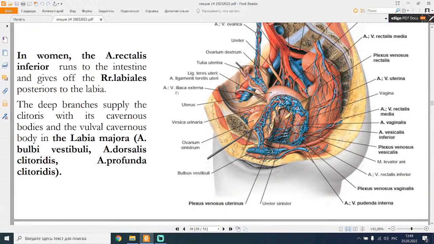The deep branches supply the clitoris with its cavernous bodies and the vulval cavernous body in the labia majora: arteria bulbi vestibuli, arteria dorsalis clitoridis, and arteria profunda clitoridis.